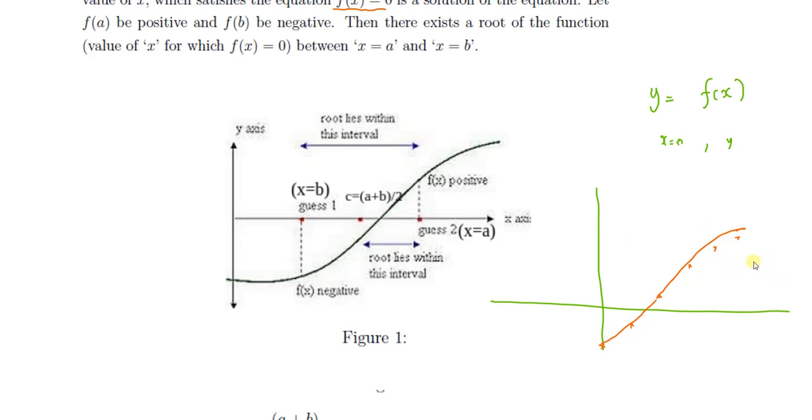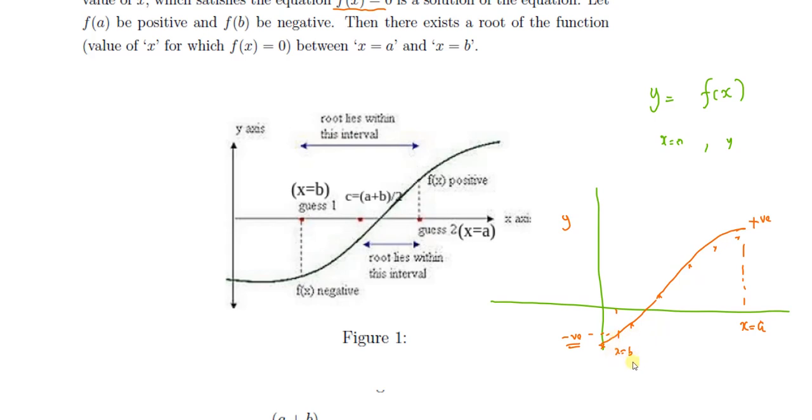Now you can see that for this particular value of x, say x is equal to a, the value of the function y is a positive value. For this value of x, say x is equal to b, the value of the function is negative. f of x is positive for x is equal to a, and f of x is negative for x is equal to b.